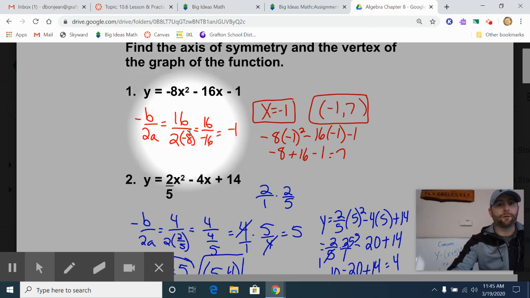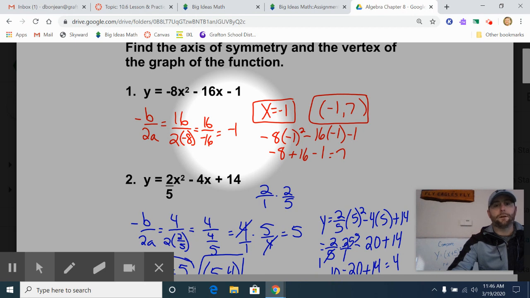We plug those in. Why does that 16 become positive? Because there was already a negative in the formula, so those cancel out. So I put positive 16 up top, over 2 times the a value, which is negative 8. I end up with 16 over negative 16, which simplifies to negative 1.